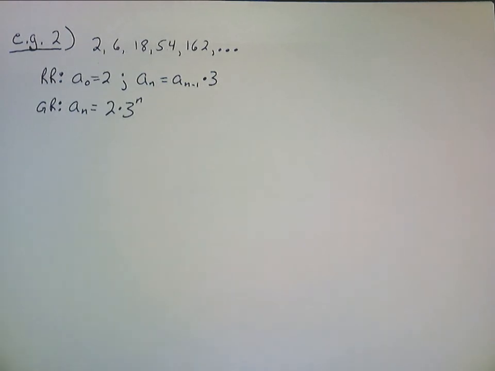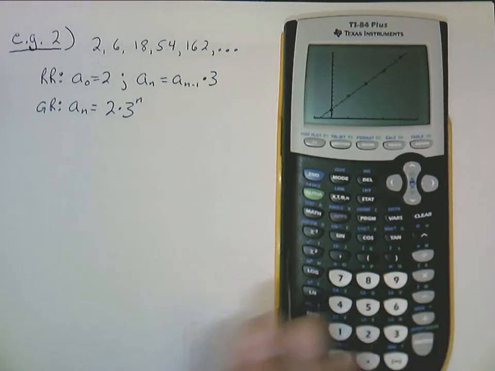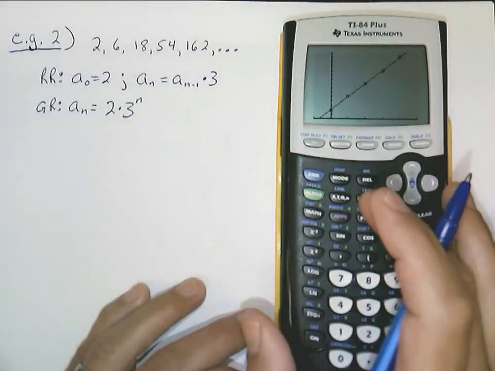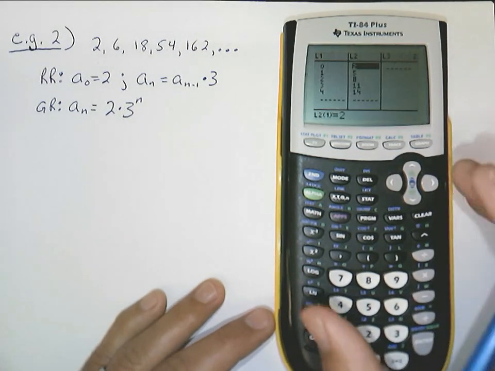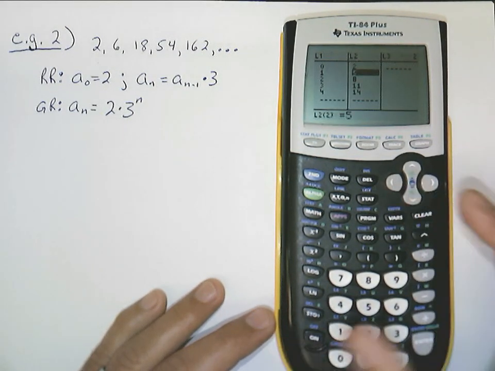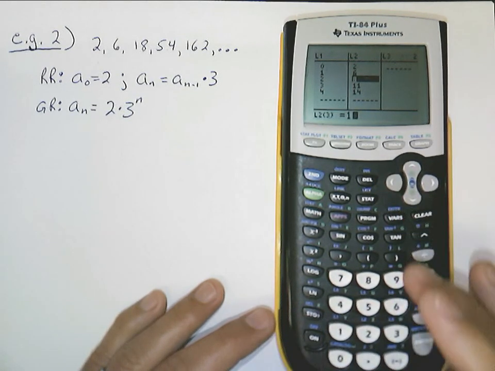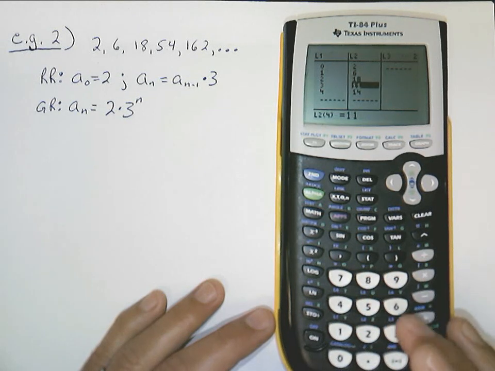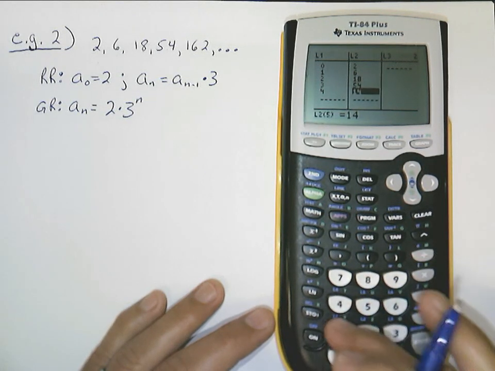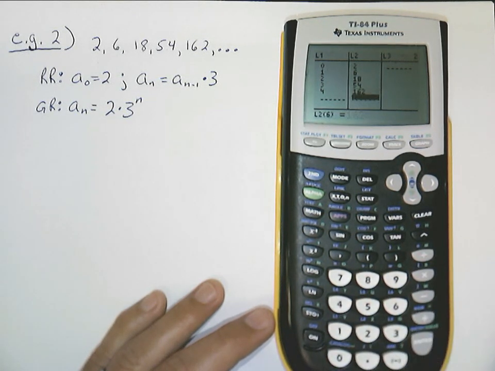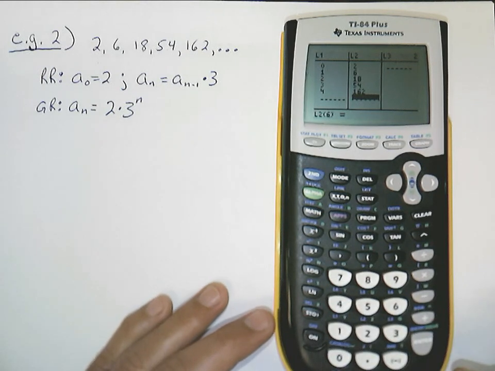And let's take a look at what this looks like if we were to plot it in a coordinate plane. So let's change up these values here. So we're starting with 2 again, but then we go to 6, 18, 54, then 162. Okay, so there was our table.